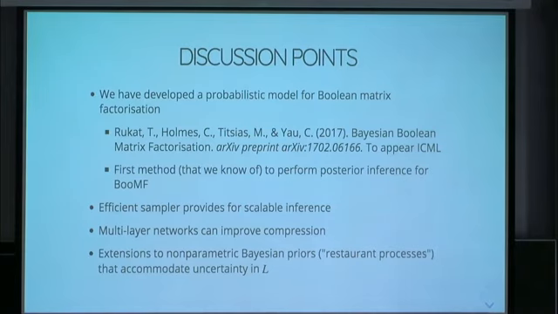In a sense, that would accommodate the uncertainty in L. At the moment, we're deterministically sweeping through L, running with L equals 2, then rerunning for L equals 3. It could be interesting to ask what the evidence in the data is for a certain level of underlying compression.